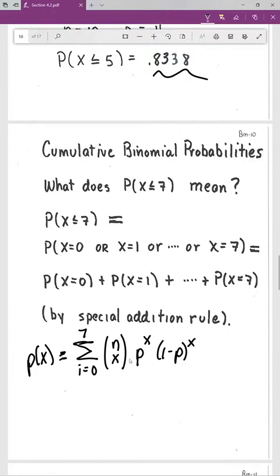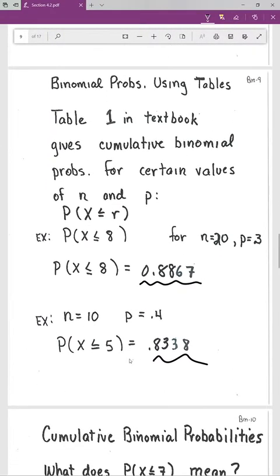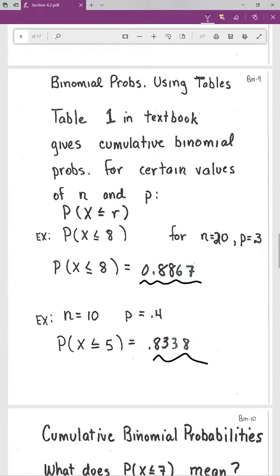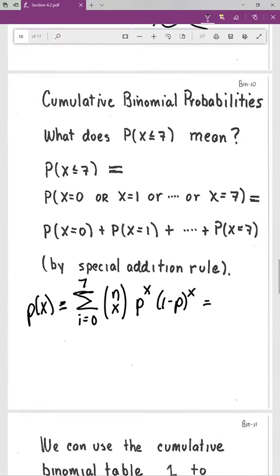We can solve this and get the probabilities. That can take a while by hand, which is why we have the cumulative binomial probability table. But if you prefer to work things out by hand, or you don't like using the table for whatever reason, this is an alternative way to go.